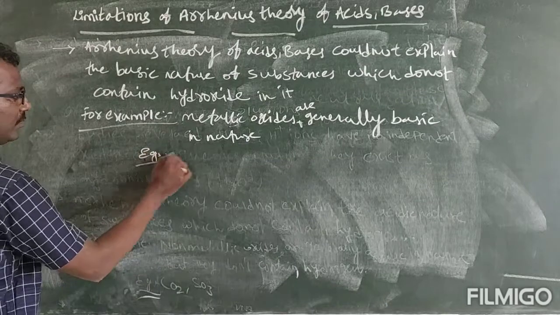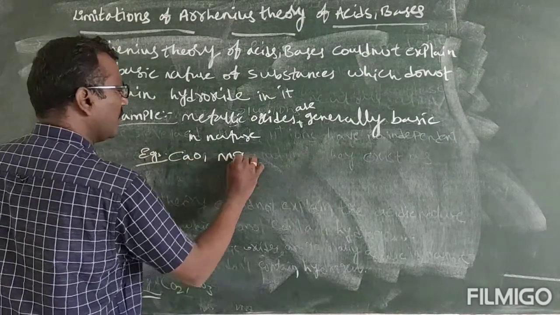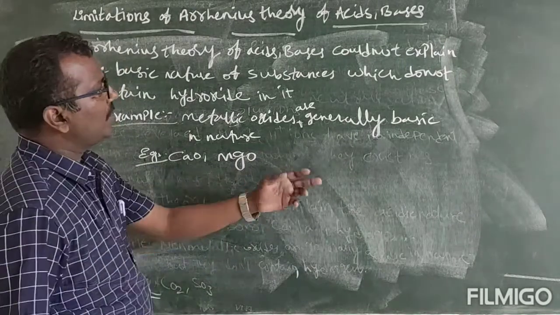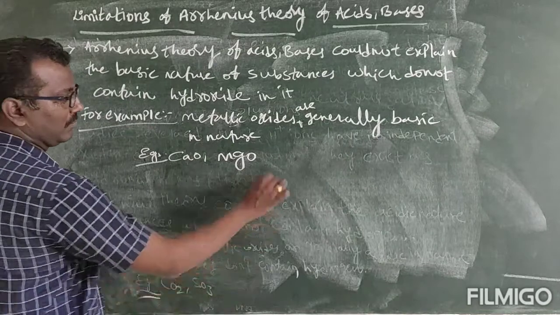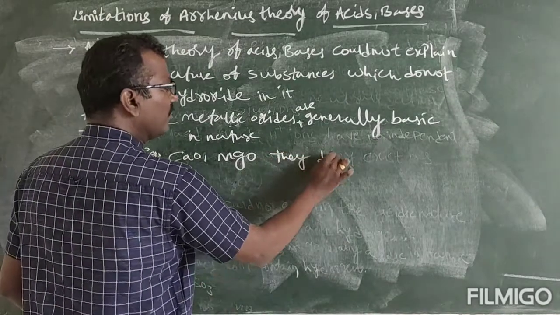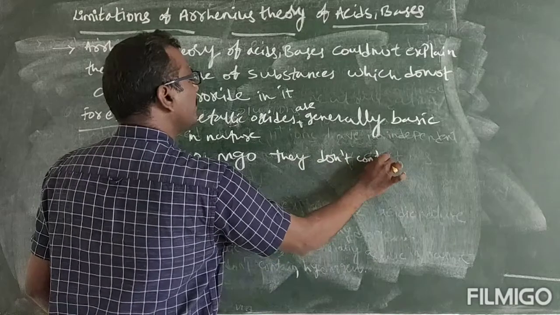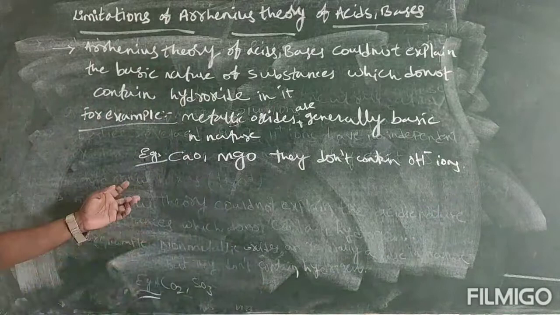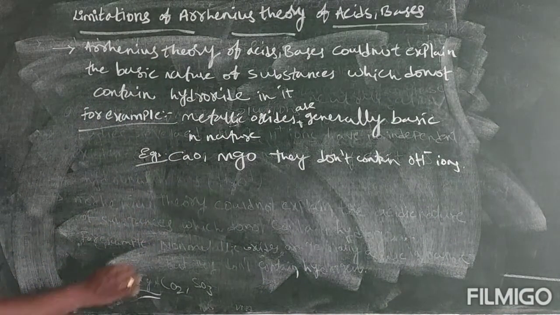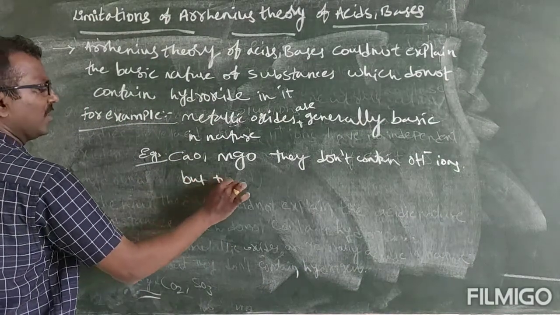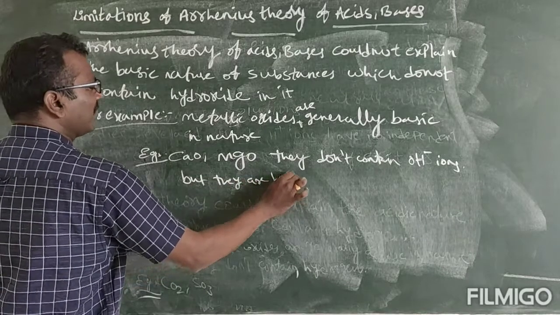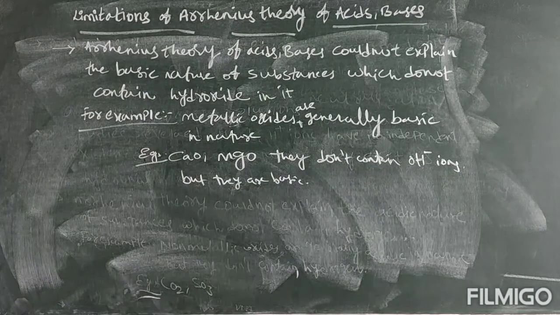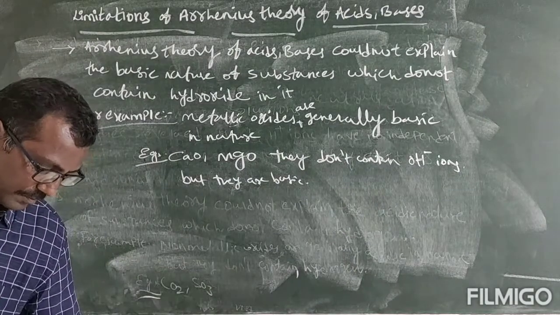Examples: CaO, MgO. They do not contain OH minus ions, but still they are basic. Why? For that there is no explanation in Arrhenius theory.